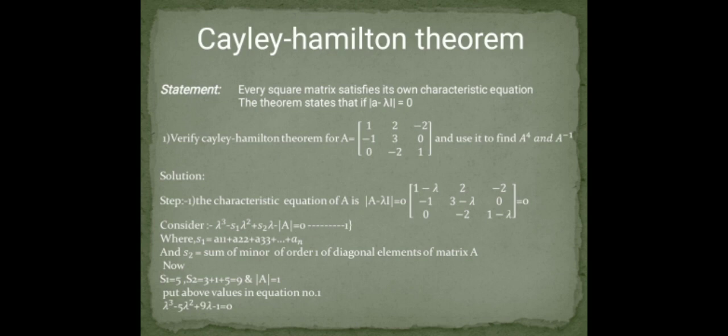Step 1. The characteristic equation of A is A minus lambda I equals 0. We have to subtract lambda from the diagonal elements.